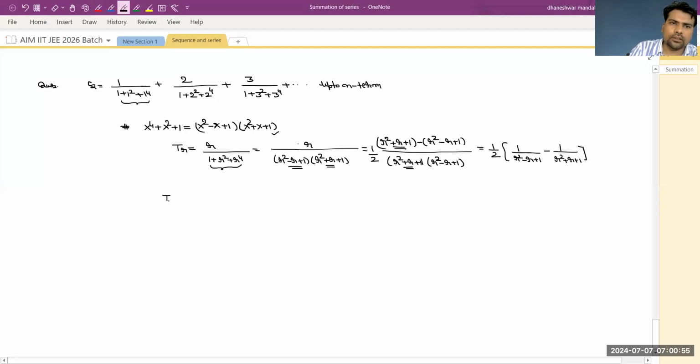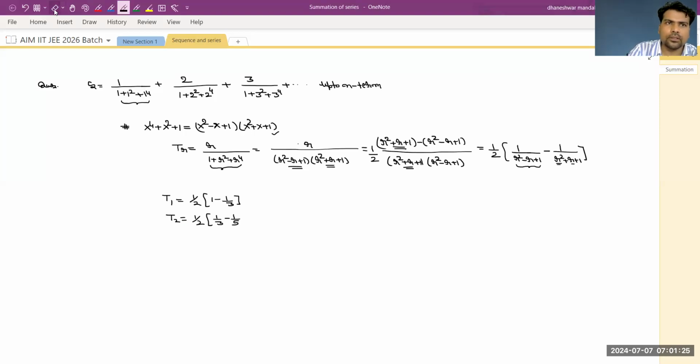So see, if t of r is this term, then t of 1 is 1 by 2 times (1 minus 1 by 3). Just put 1 here, then I get 1, and 1 by 3 is here. Okay, if I put t of 2, then 1 by 2 times (1 by 3 minus 1 by 7). Here, 4 minus 2, which is 2, plus 1 is 3, and 4 plus 2, 6, plus 1 is 7.